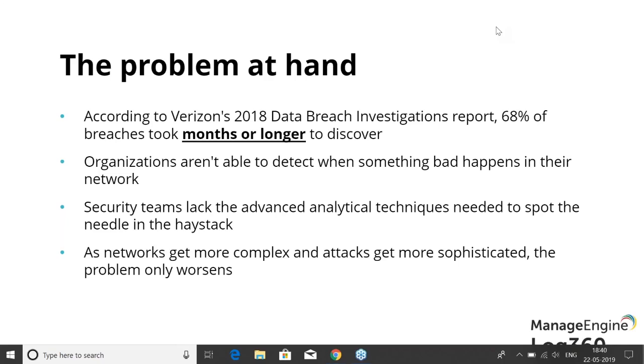And the reason is because they are not able to track situations like the one that we just saw. They're not able to know when certain misuse events happen in their network, right? It could be a privilege escalation, it could be a SQL injection, it could be anything, but organizations are struggling to find out then and there that something wrong is happening.